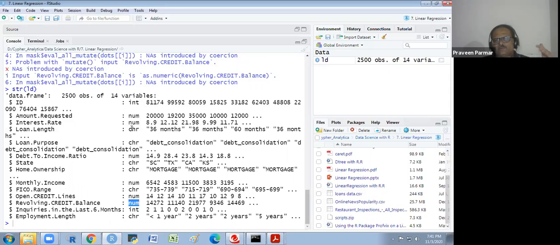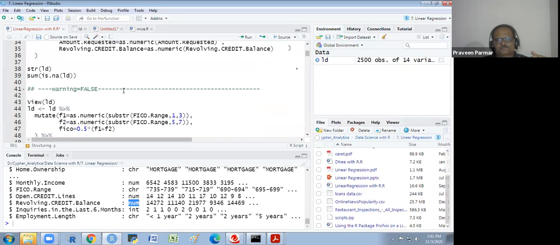Now we see some other variables which are in character, one by one. Warning false I have written here, you see. It means don't bother about the warning. Okay. Now what I see is how many NA values are in the data.